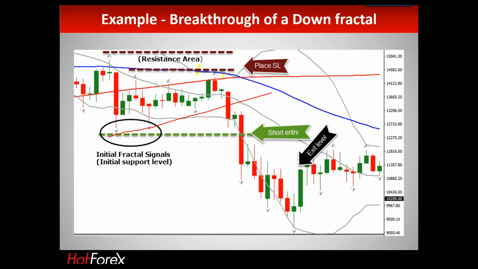this example is pointing to a ranging market. So by setting a trend line like that, you might have a short entry earlier, gaining more than entering the market in this area.